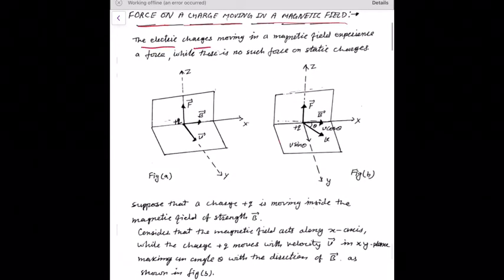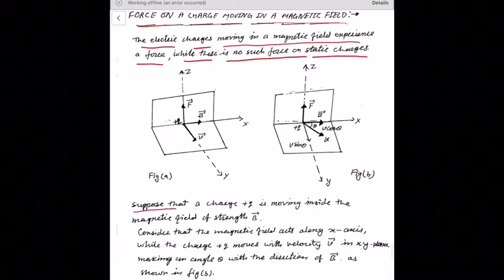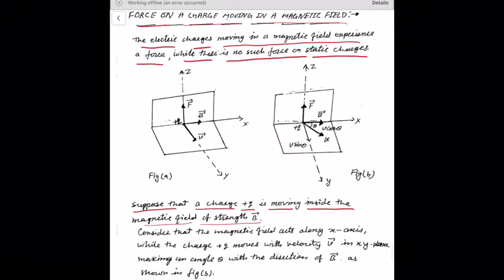The electric charges moving in a magnetic field experience a force, while there is no such force on static charges. Suppose that a charge plus q is moving inside the magnetic field of strength B vector.